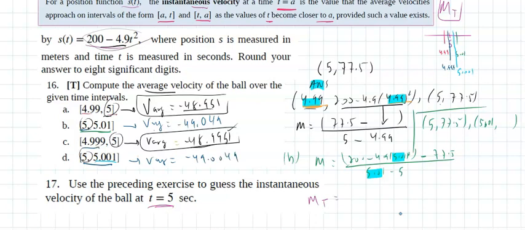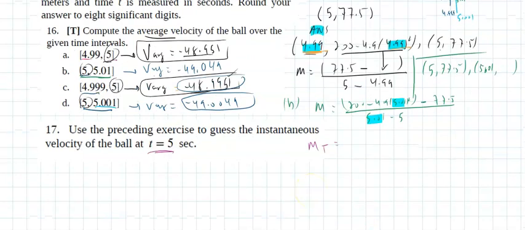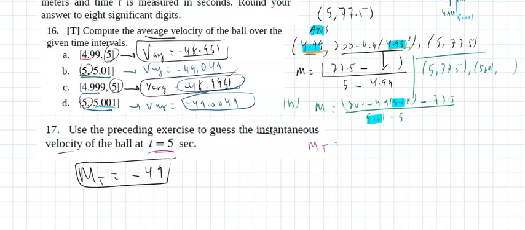So if you notice, look at this number and look at this number. They should round to the same number. Use the preceding example to guess what is the instantaneous velocity. That's the slope of the tangent, and that's nothing more than negative 49 if you average those two.